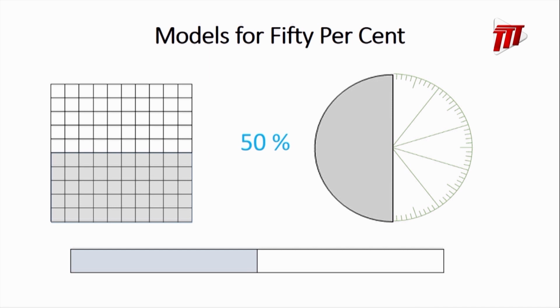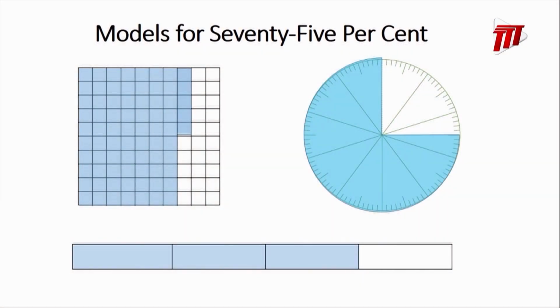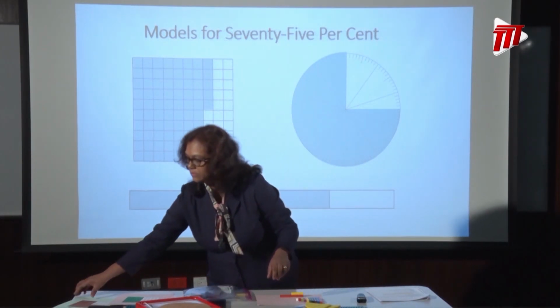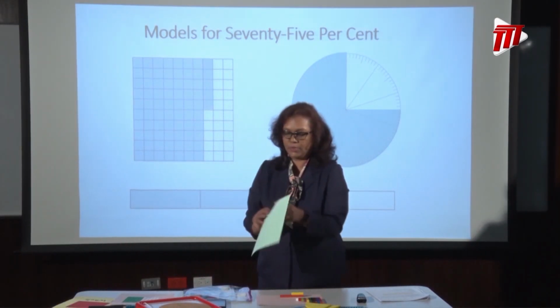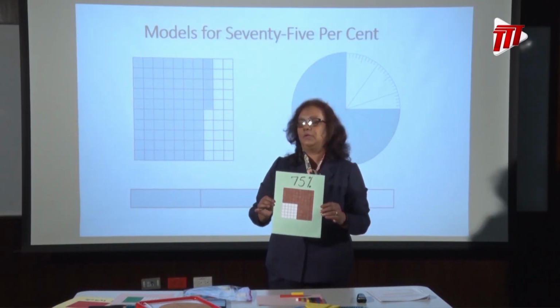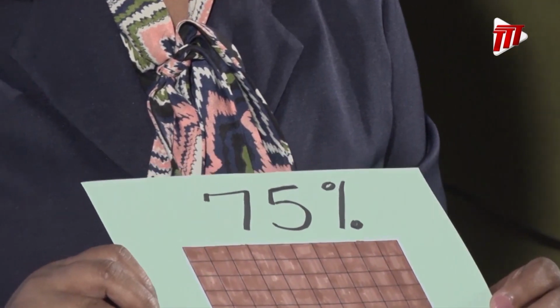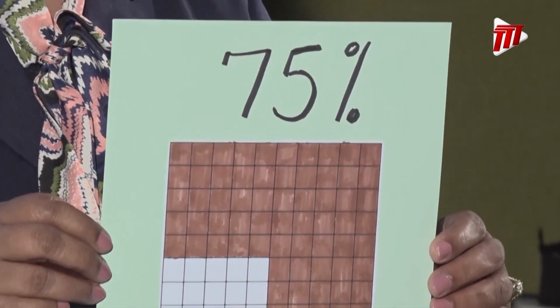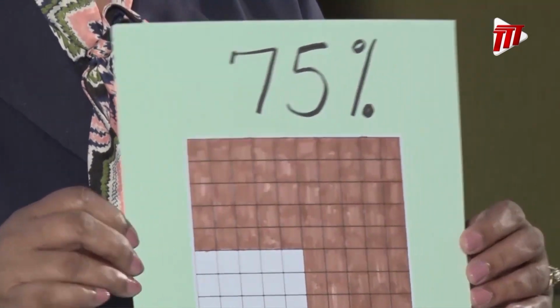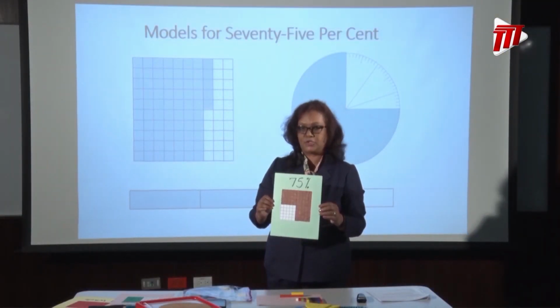So far we have looked at 25% and 50%. What about 75%? There are different models for 75%. So let's begin again with our grid. You can practice at home with your checkered line exercise book, or if you find a grid that you can cut out, you can color it to show different percentages.